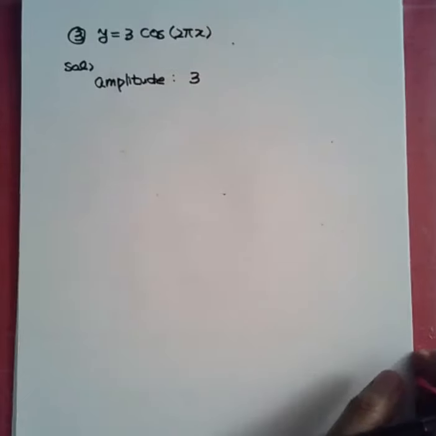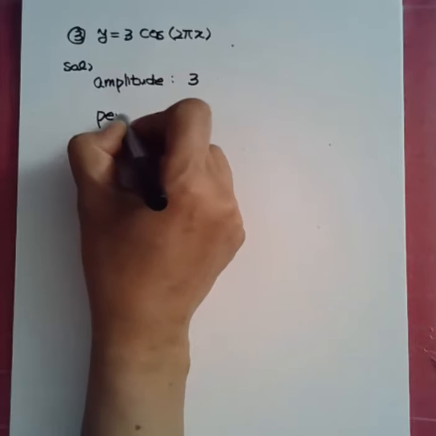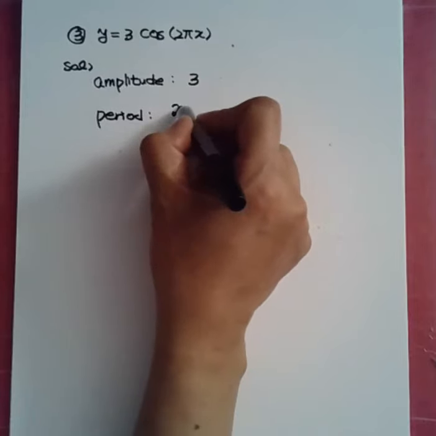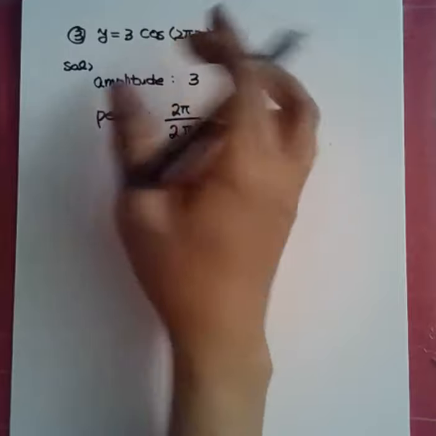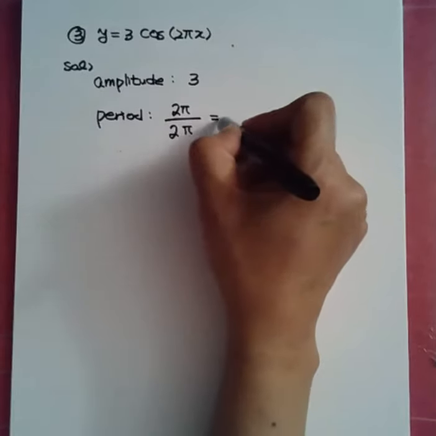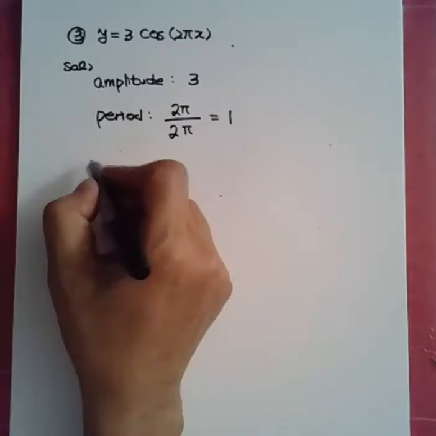That changes the period of this function. Period formula was 2 pi divided by the number in front of x without any sign. Then that is 1. Always keep in mind amplitude and period are positive numbers.